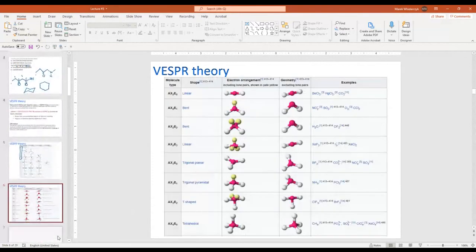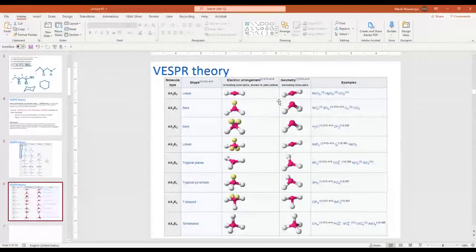In the next slide, you have an example of different types of molecules and their shapes. For example, if you have a molecule that has an AX2E0 AXE model value, then we know that this is basically an AX2 scenario, so it's a linear molecule.